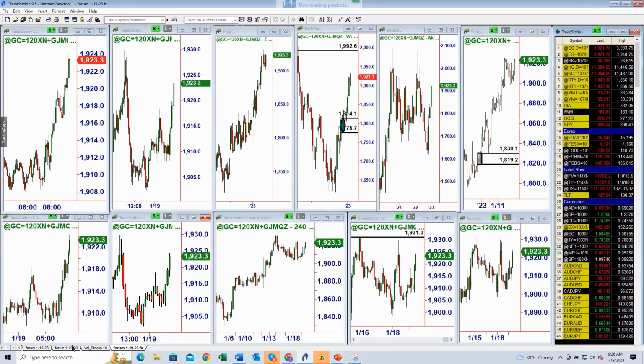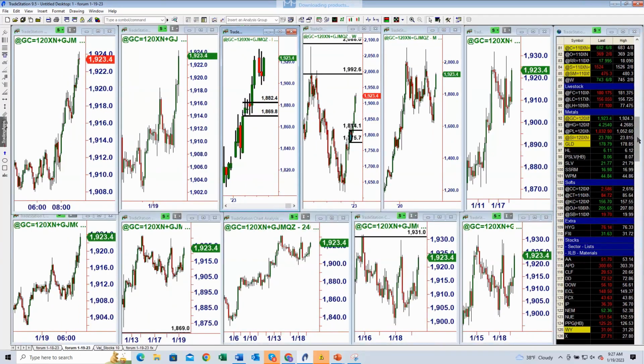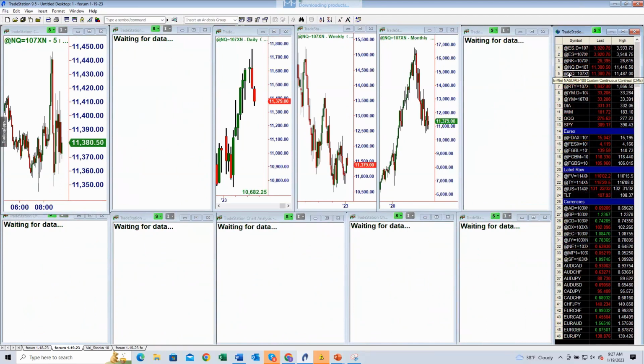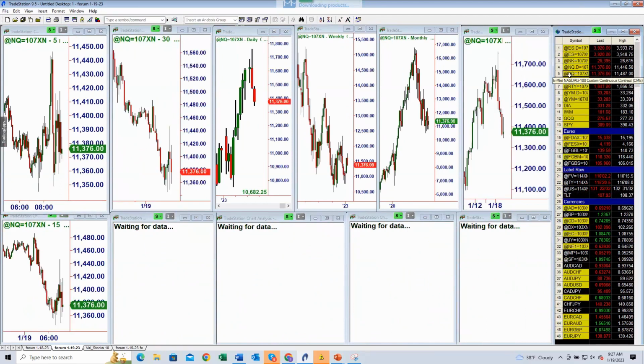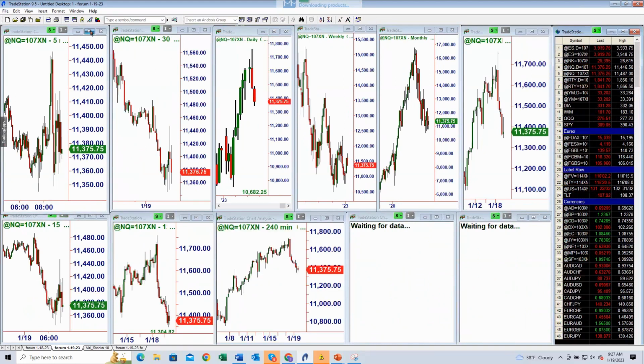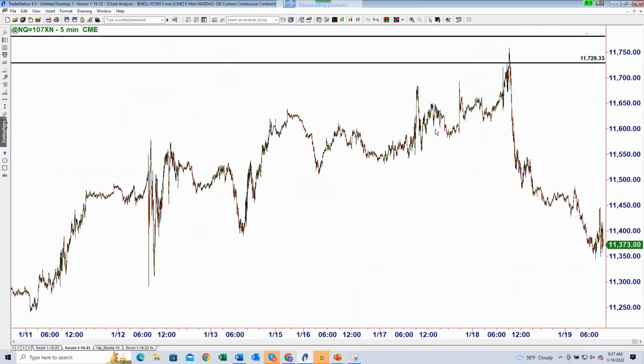So if we move over to the NASDAQ, let's do that. The NASDAQ yesterday came into a nice outside the range supply zone for us on a very small time frame.